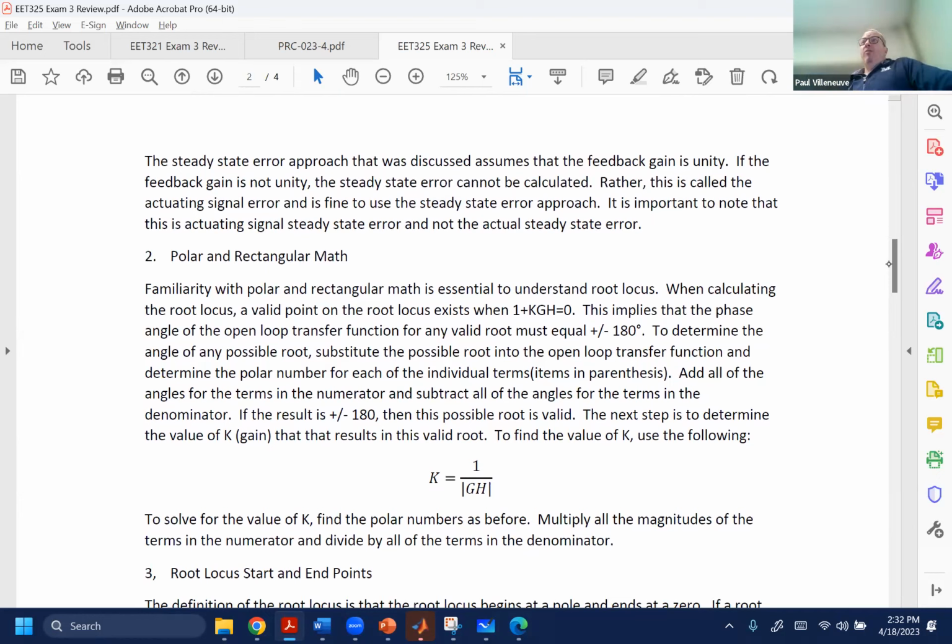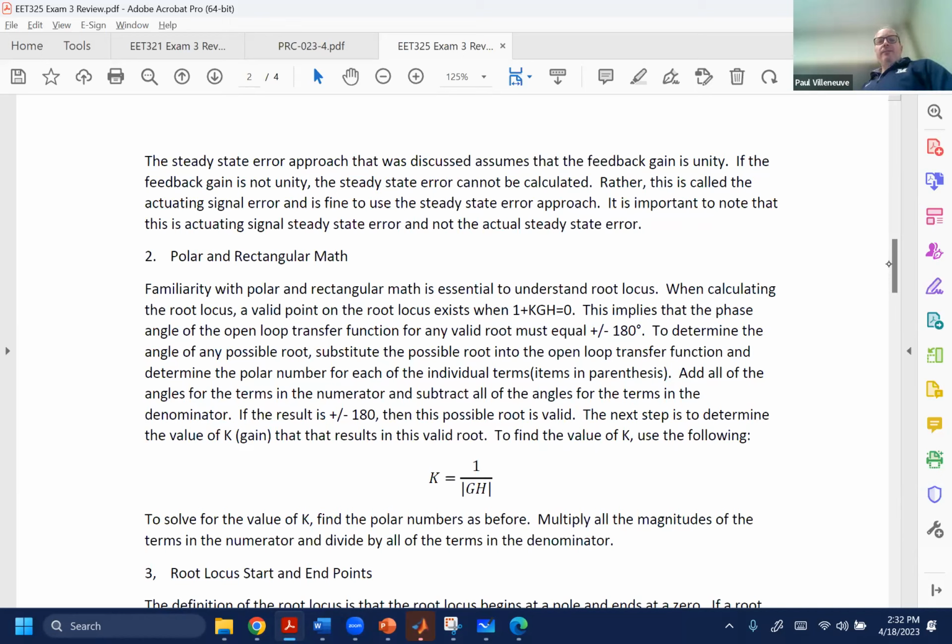Then we did something unique that I've never done before. We did some polar math, right? We went back to vector calculus or physics or pre-calculus, whenever you had that, and we showed you how to do magnitude and angle calculations using complex numbers. We said if we have magnitudes and angles, we can multiply or divide the magnitudes with polar math.